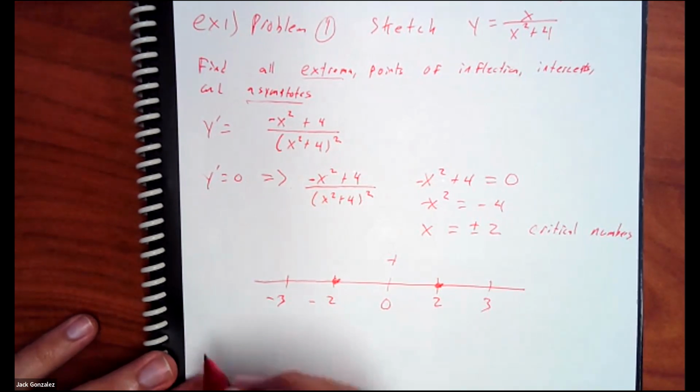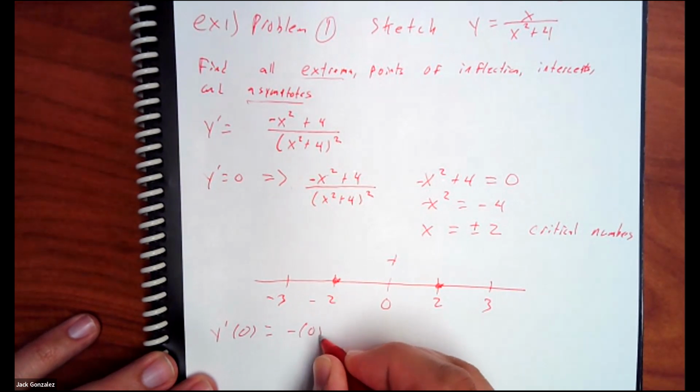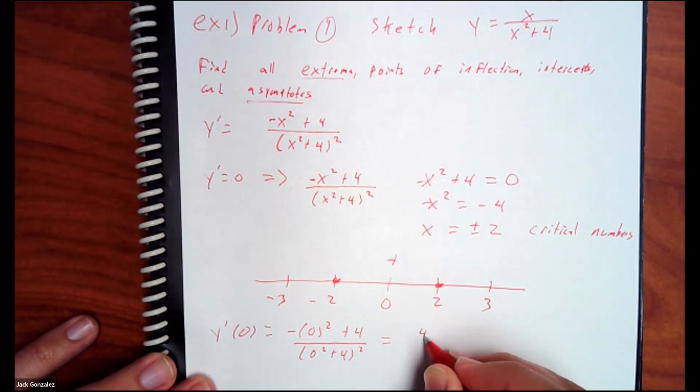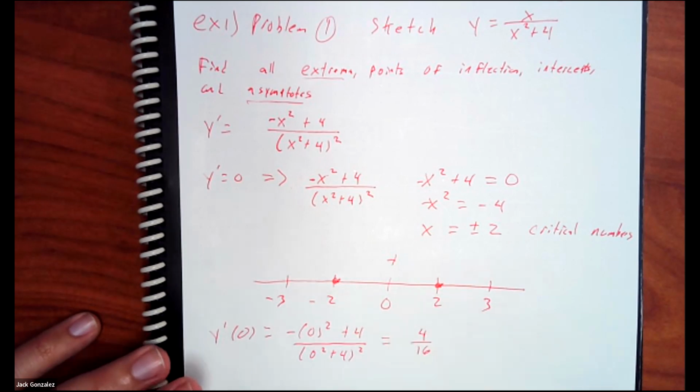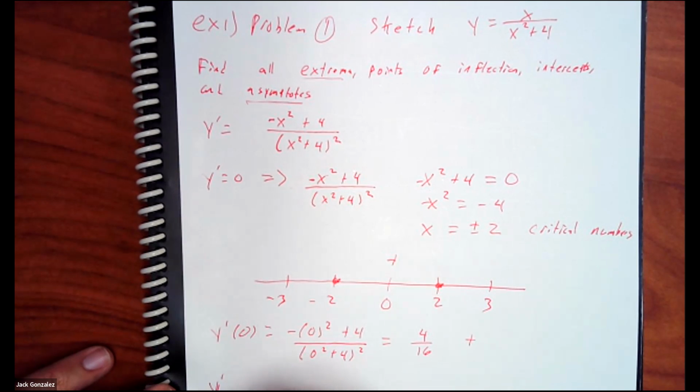Go ahead and show our work. The derivative at 0 would be equal to negative 0 squared plus 4 over 0 squared plus 4 squared, which is 4 over 16, plus. Derivative at 3 will be negative 3 squared plus 4 over 3 squared plus 4 squared.